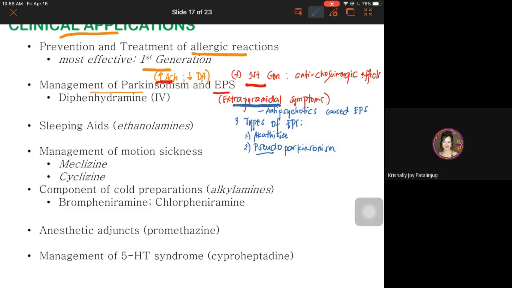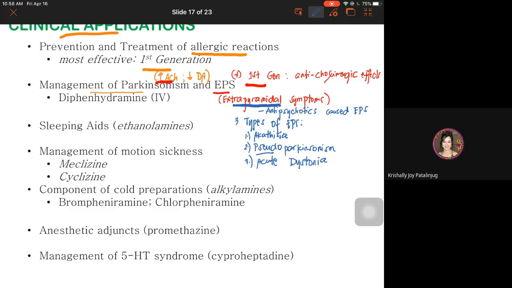Another is acute dystonia. Ang acute dystonia naman, that is actually characterized by numerous symptoms.